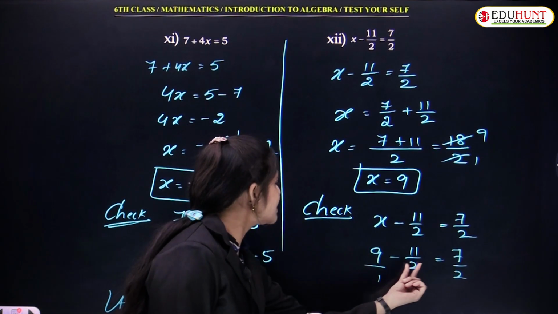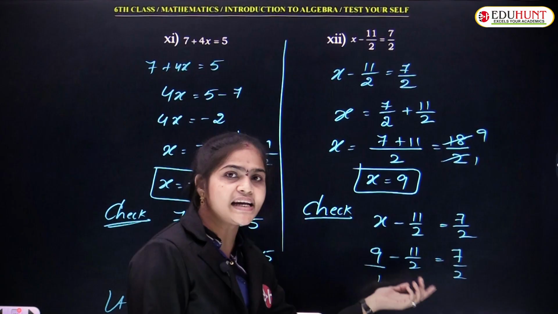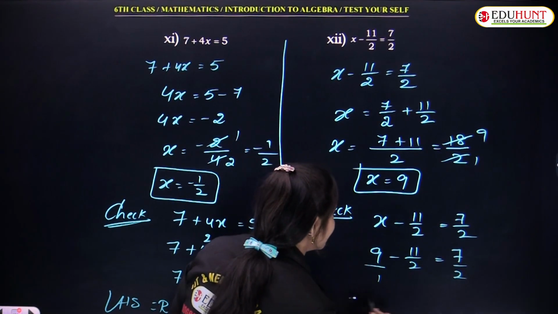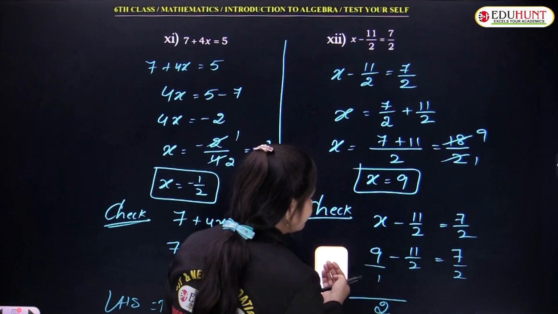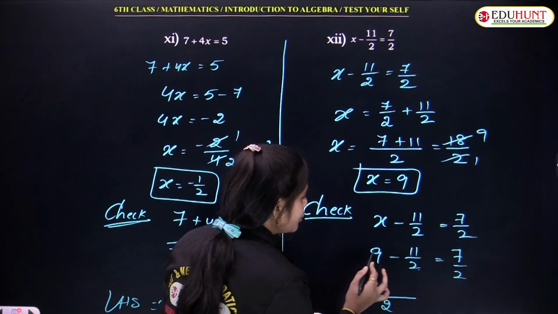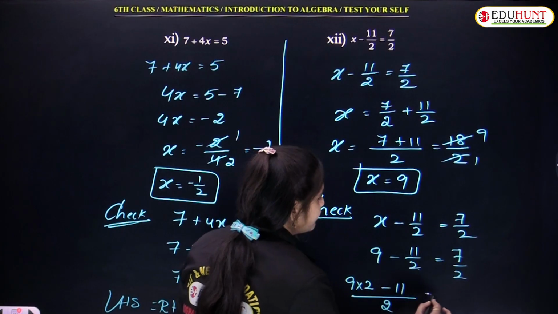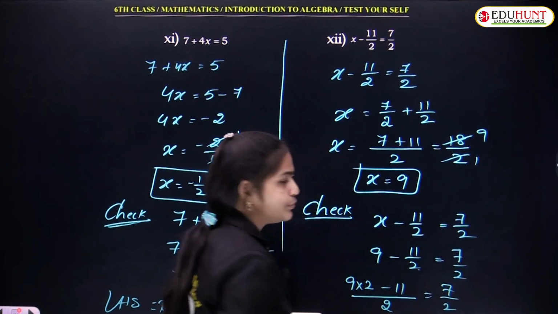Now these two denominators are 1 and 2. So what is the LCM of 1 and 2? Again we will get 2 only. So that's why the LCM is 2, and here 2 into 9 minus 11 is equal to 7 by 2.